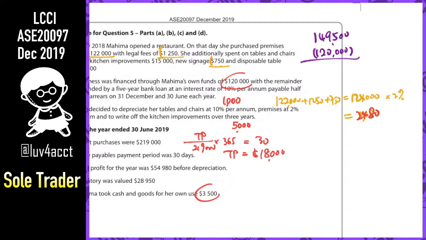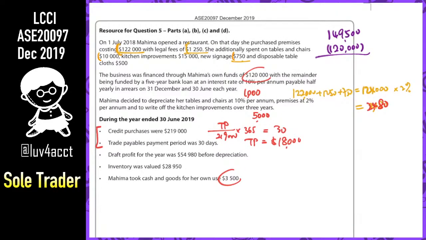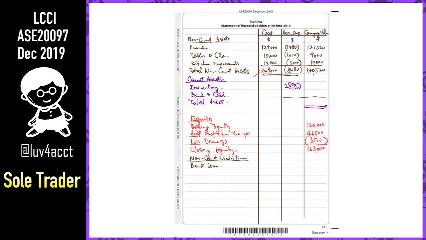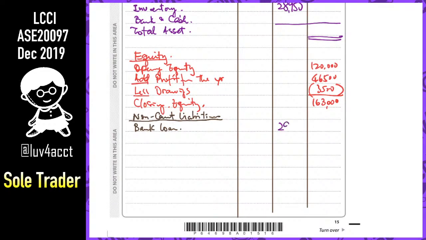The remainder is financed through a 5-year 10% bank loan. So 29,500.